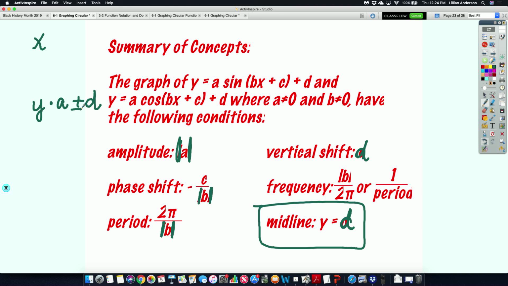What affects my x's? The phase shift, and what else? The period. Well, it's technically not the period, but it's the value of b. So when it comes to my x's, you multiply by 1 over b first, and then you're either going to add or subtract your phase shift.